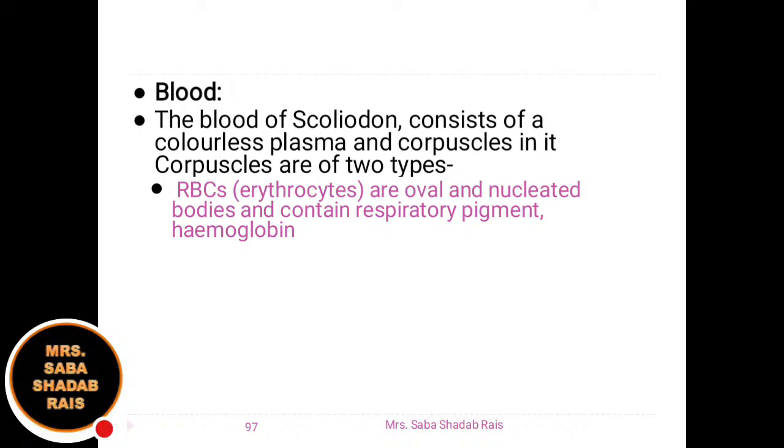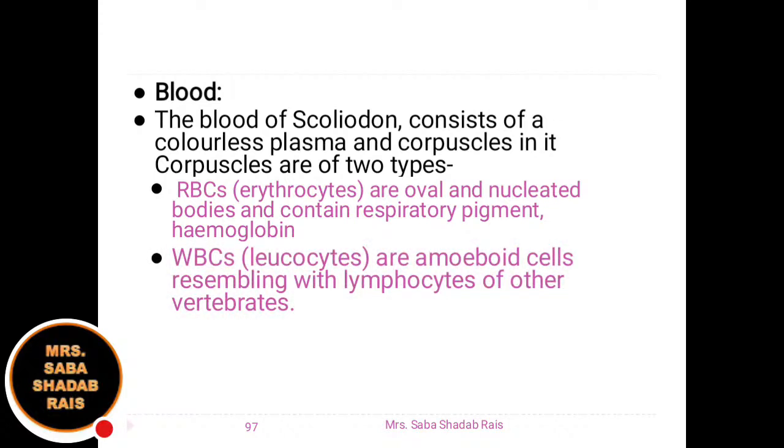So this point is important to remember, that they will have nucleated RBCs, and they will have the respiratory pigment. The respiratory pigment is the same as in humans, that is hemoglobin. So let us move ahead to the next corpuscle, the next cell, that is the WBC. Now what is the WBC in our case?